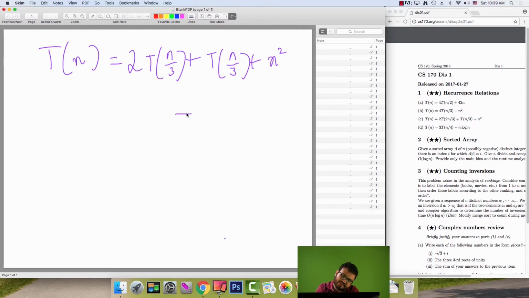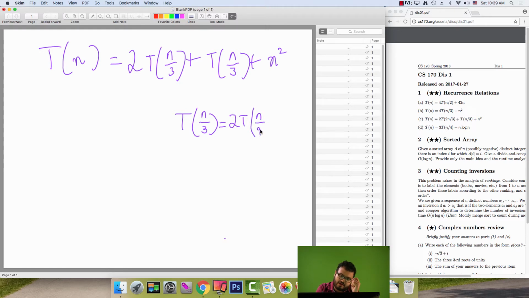So we can apply, for instance, in this case, T(n/3) can be written as 2T(n/9) plus T(n/9) plus (n/3) squared. This is one possibility, and we can plug this in here, plug this in here, and see how the math works out. That works, but I tend to find that it becomes quite messy, quite fast.